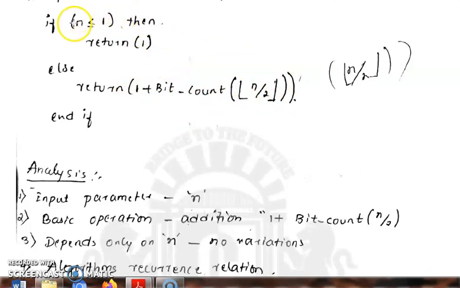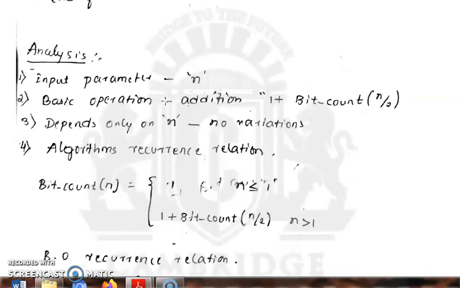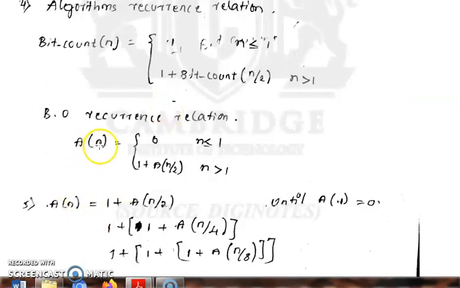Please observe that whenever n equal to 1, it is not doing any counting operation. So the initial condition is: whenever n is less than or equal to 1, it is 0.